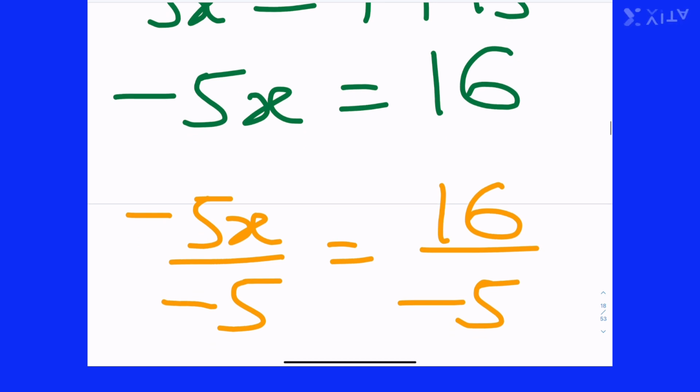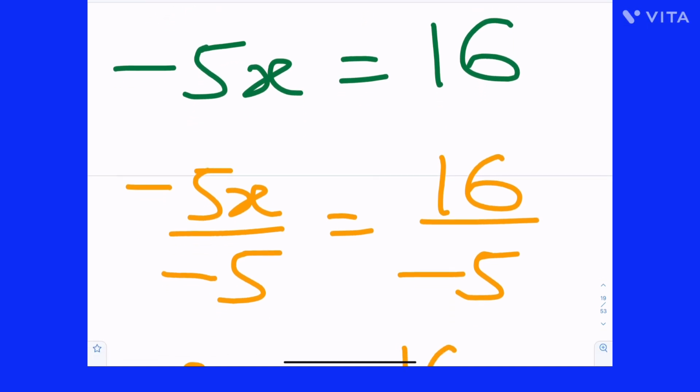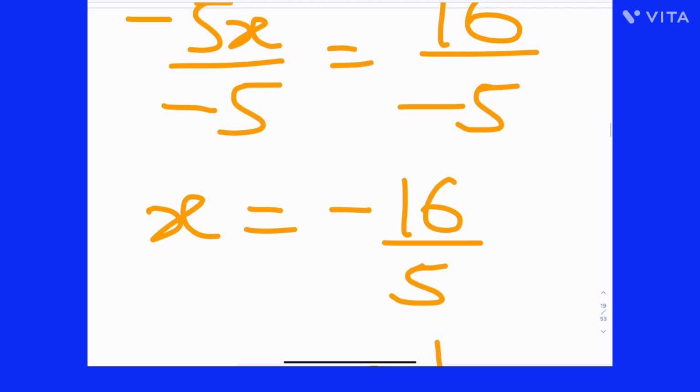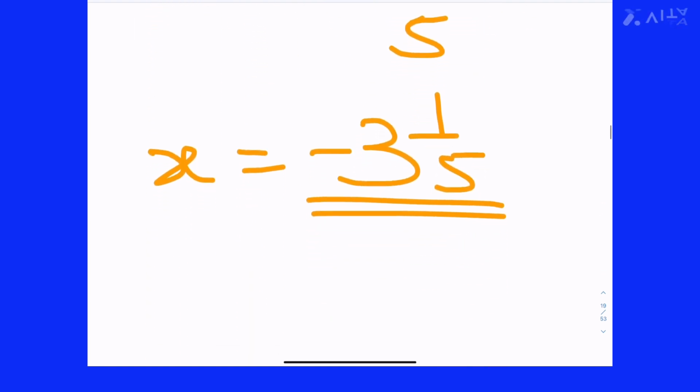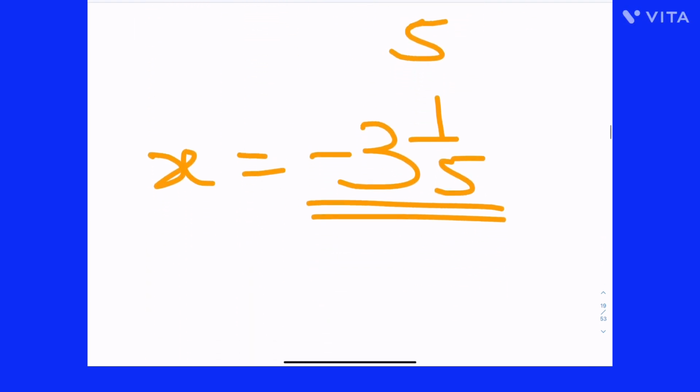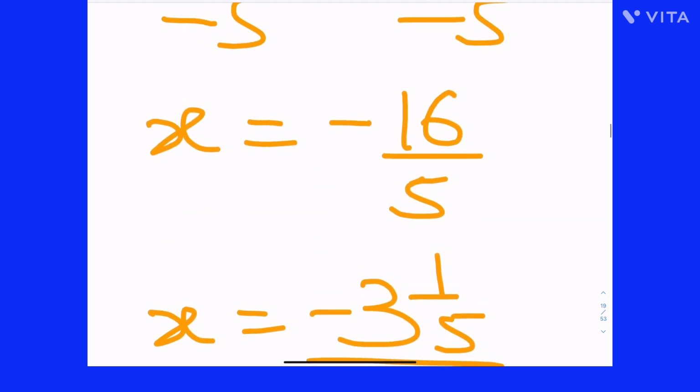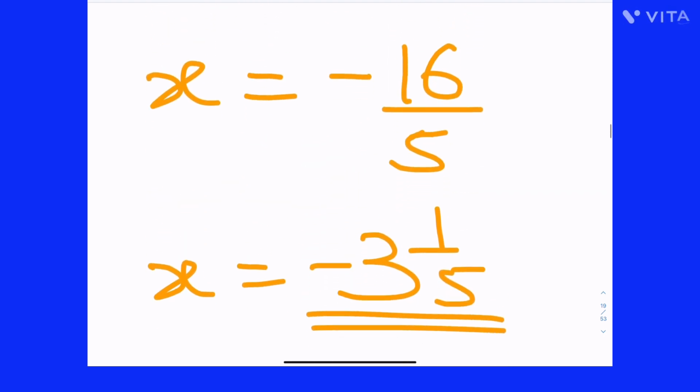Then 16 over minus 5 on the right hand side. Plus over minus is minus. There's a positive sign here, although it's not written. So plus over minus is what? Minus. So that we can keep the sign where it should be. 16 over 5 is 3 whole number 1 over 5. So x is equal to minus 3 whole number 1 over 5.